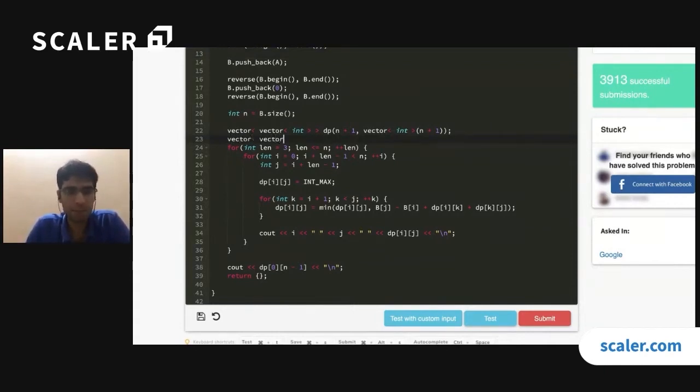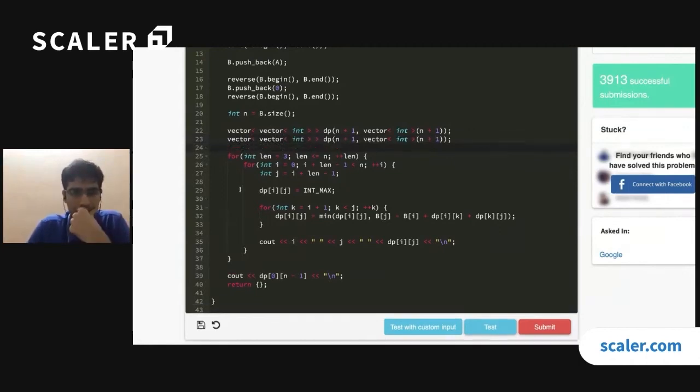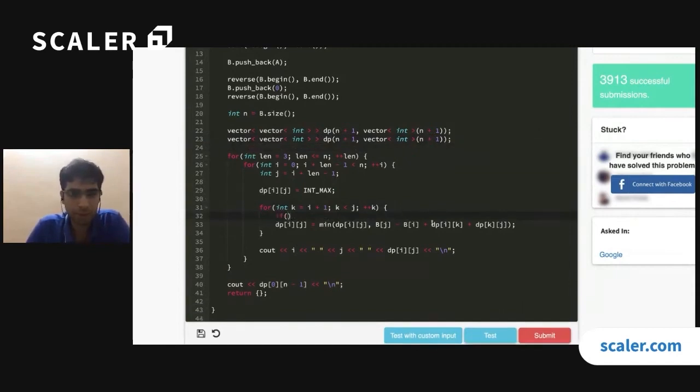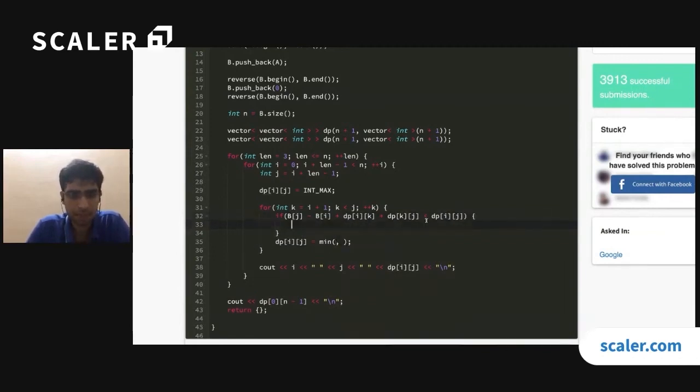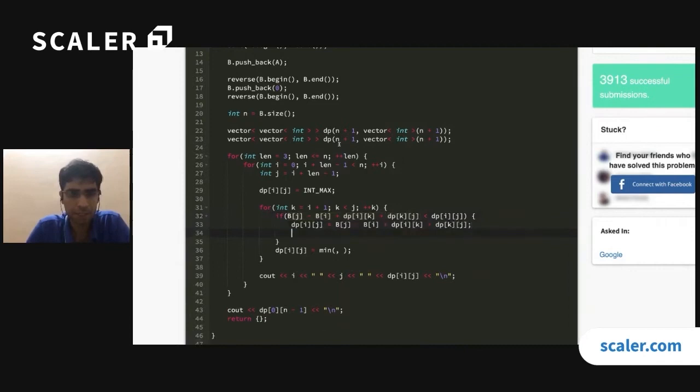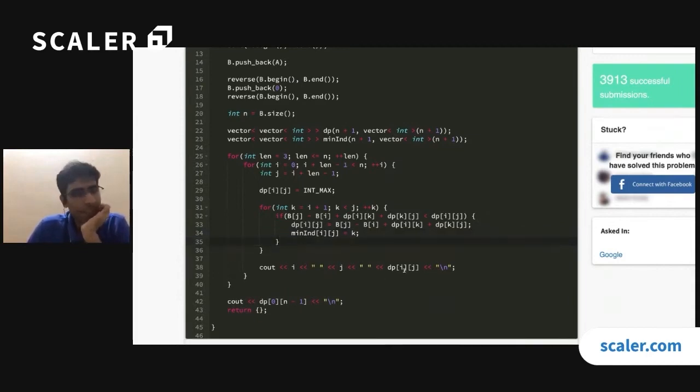Rather than doing this, I would say that if the computed value x is less than dp[i][j], that means dp[i][j] is first set equal to this, and then I can also say that min index of i to j will be nothing but k.